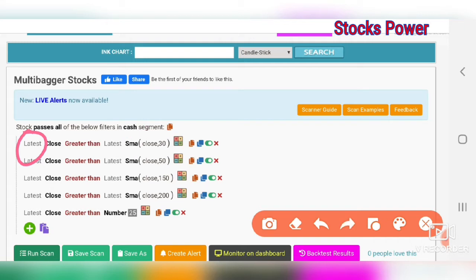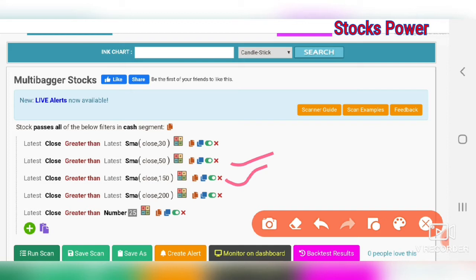This means that in the daily chart the candle should close above the 30 moving average. The second is the candle should close above the 50 moving average in the daily chart. Third, the candle should close above the 150 moving average in daily charts.